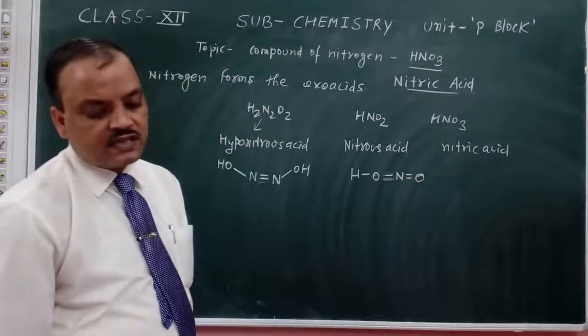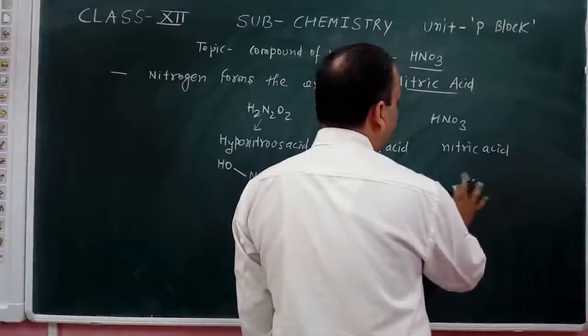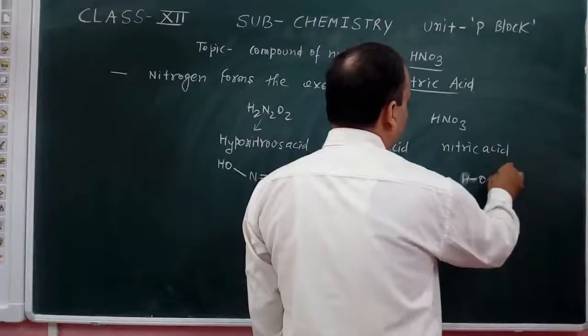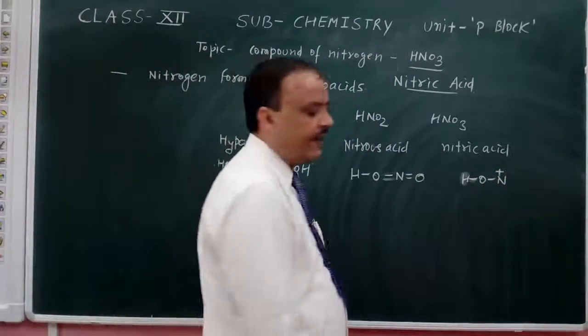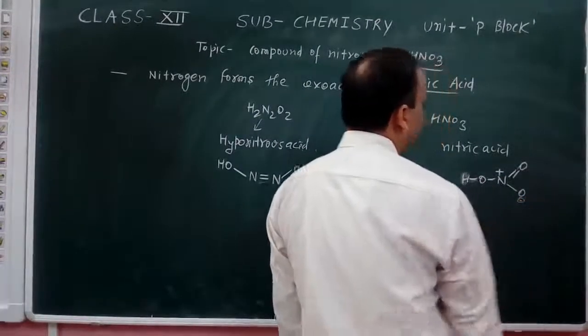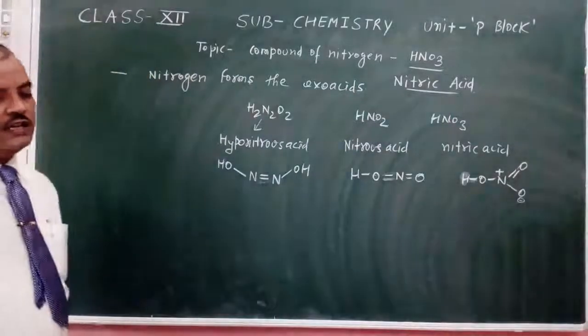So that is the structure. In case of nitric acid, the nitrogen has a positive charge because it is donating electrons to the oxygen. So that is the nitric acid condition.